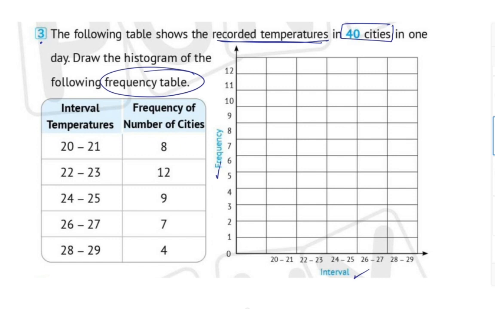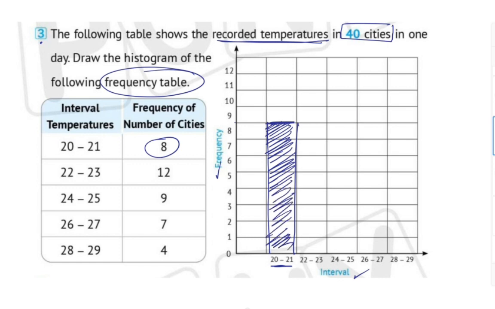The first interval, 20 to 21, has a frequency of 8. Every horizontal line represents 1, 2, 3, 4, 5, 6, 7, 8. So 8 is here, and I will stop here. This is your first column for the first interval.